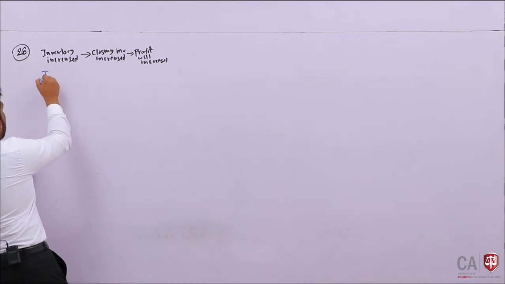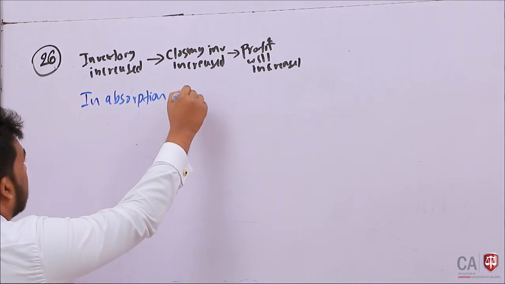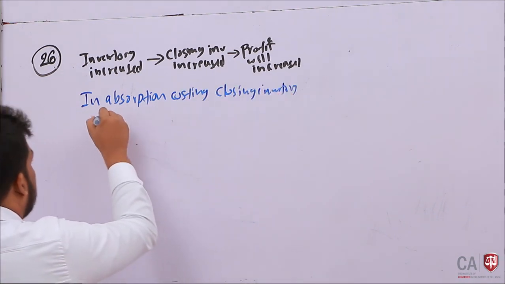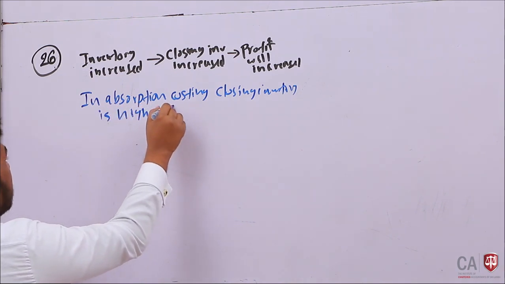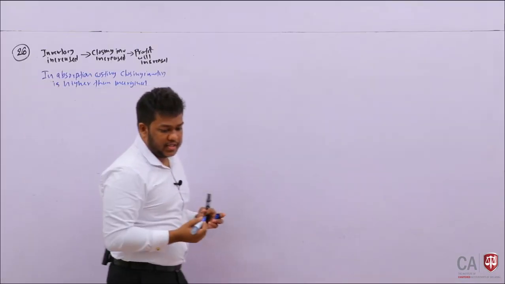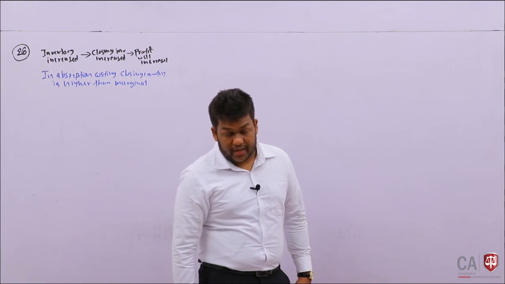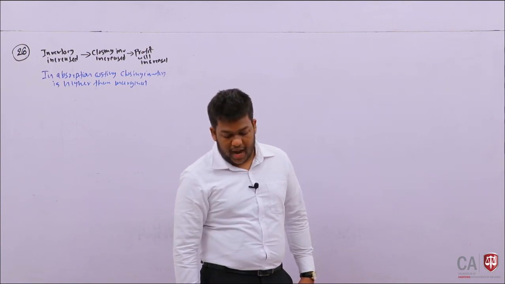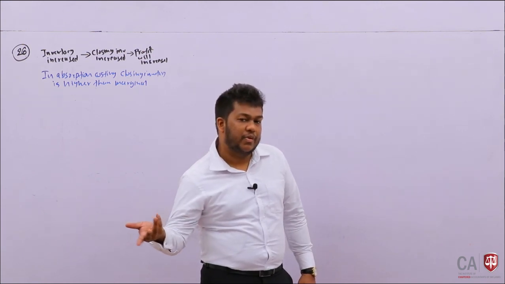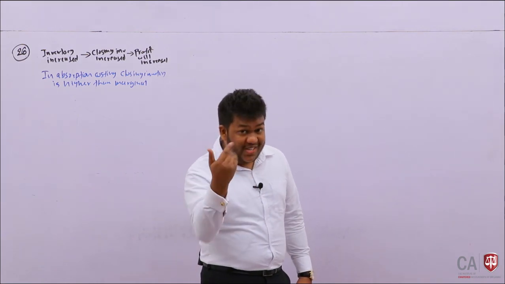In absorption costing, closing inventory is higher than marginal because of the fixed production overhead. So when the level of inventory increases, absorption costing profit will be higher, and the inventory also should be higher.